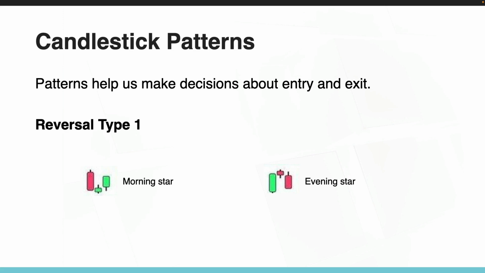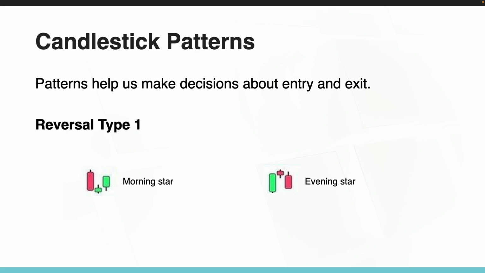Then we have the second candle, which is a short candle with a small body, which may be bullish or bearish. It signifies a period of indecision in the market. The third candle is a long bullish candle that closes above the midpoint of the first bearish candle. It indicates a shift in market sentiment from bearish to bullish, and it suggests the buyers are gaining control.